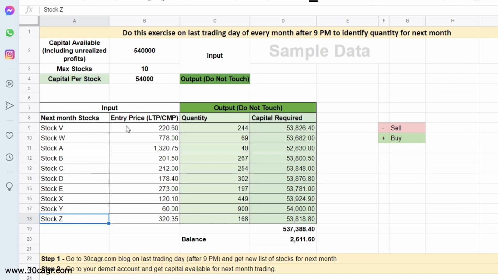You can go to the NSE website, your broker terminal, or any other website from where you can get the last traded price of these stocks. Make sure that you enter all these prices correctly here.